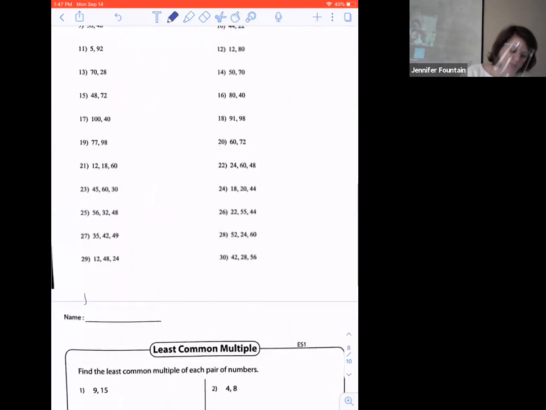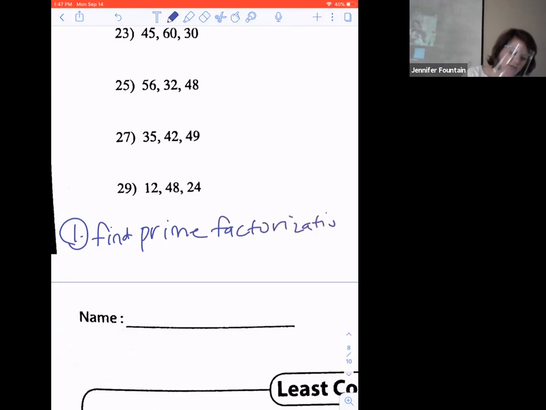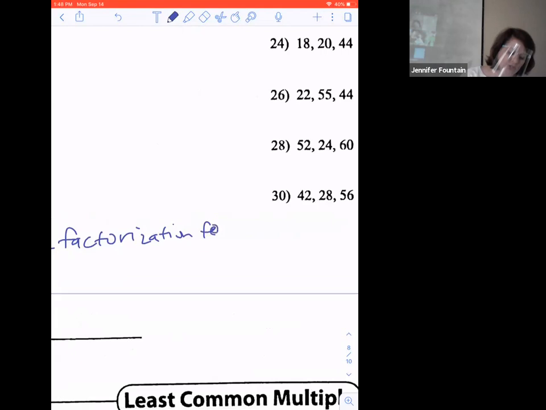What I'm going to do is write some notes at the bottom of this page. So step 1: find prime factorization for each number.